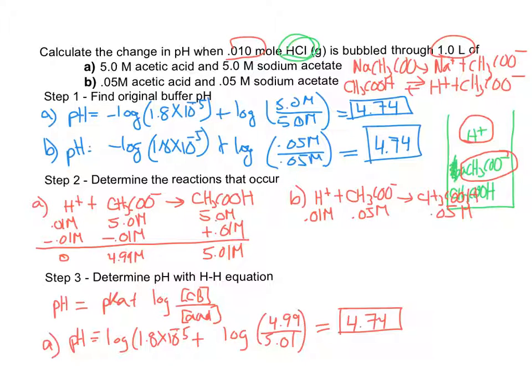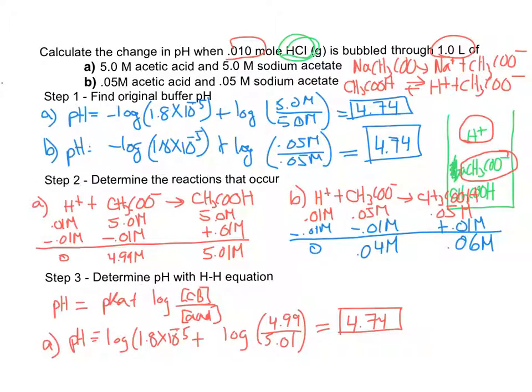And so, minus 0.01 molar, minus 0.01 molar, plus 0.01 molar. So at the end of this reaction, I end up with 0 H pluses, and then 0.04 molar and 0.06 molar.